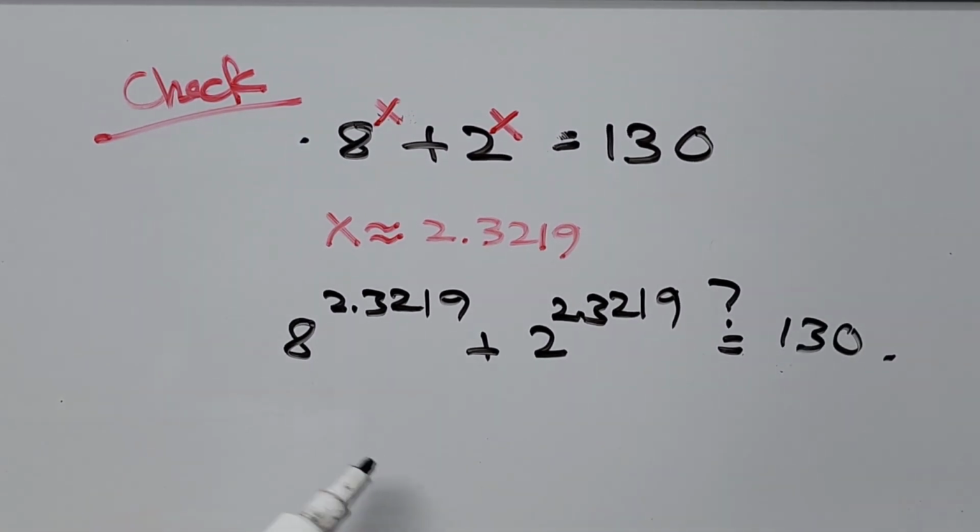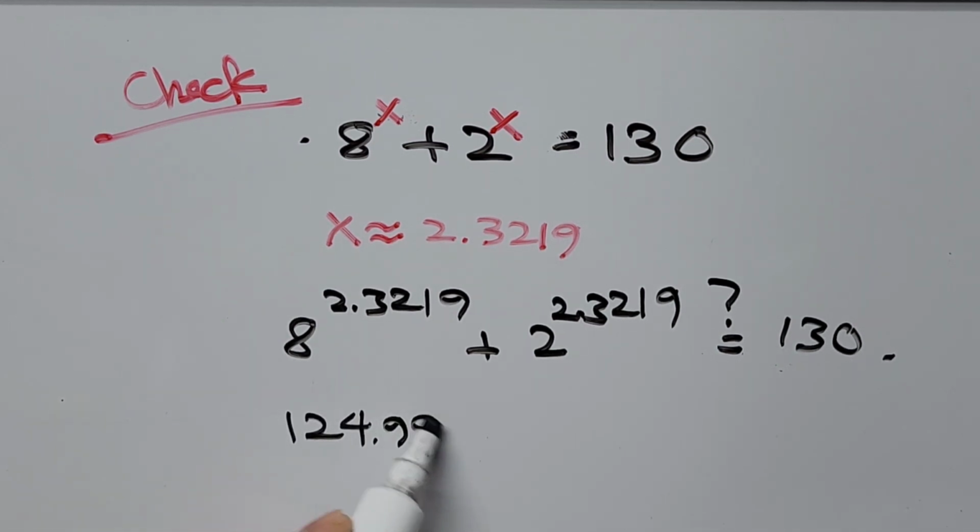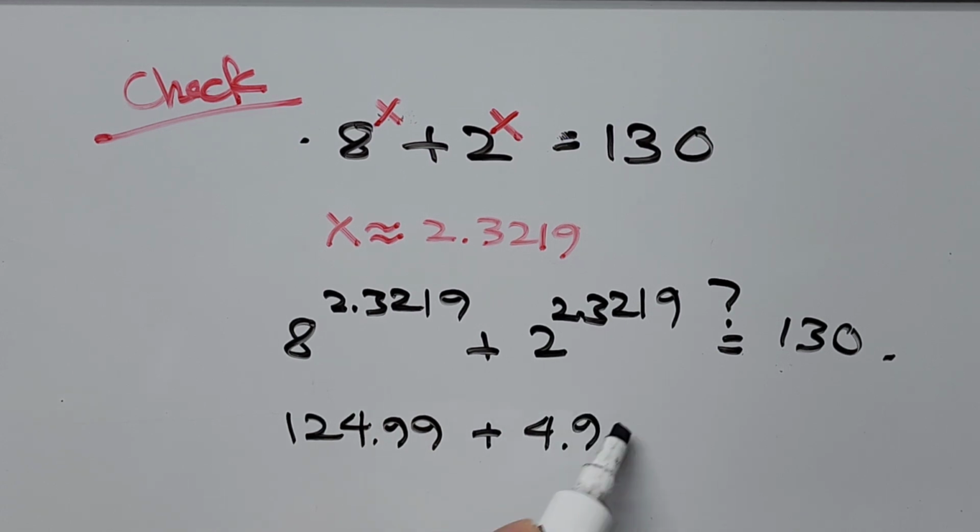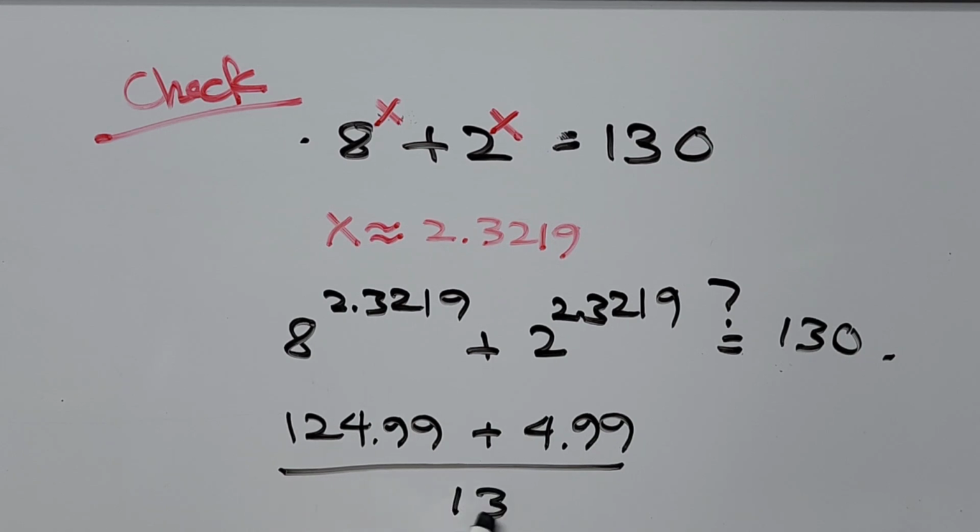So the first term, 8 to the power of 2.3219, is equivalent to 124.99. Then plus 2 to the power of 2.3219. This is approximately equal to 4.99. And if we add this up, 124.99 plus 4.99, this is approximately 130.